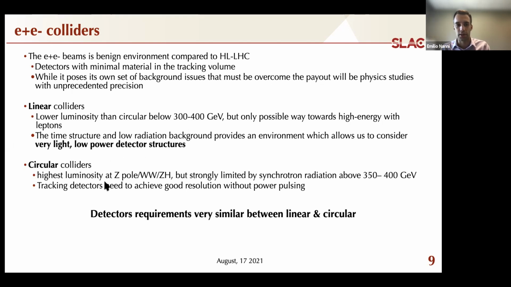For circular colliders, their strength, of course, is having very high luminosity at the lower energy range, but struggling if they are e+ e- to get above the 350 to 400 GeV range because of synchrotron radiation. And with the beam structure that they have, the detectors cannot operate in a pulsed mode.